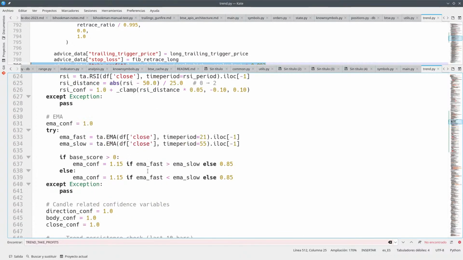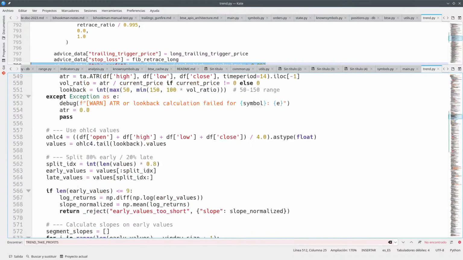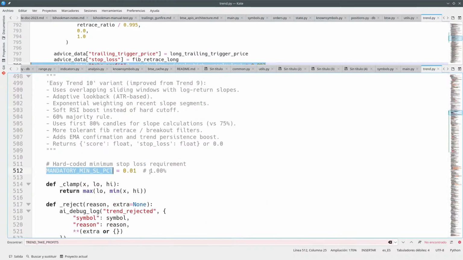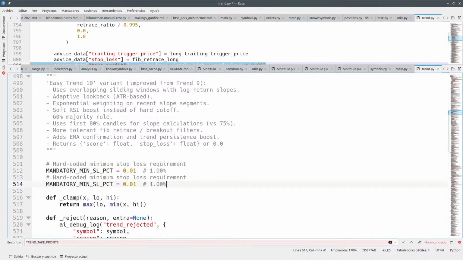So yeah, that's what we are going to be doing. A hard coded minimum, that way it's the same thing, and a hard coded minimum take profit requirement. So this is going to be take profit.